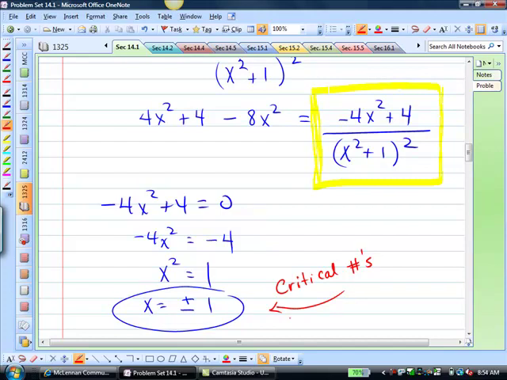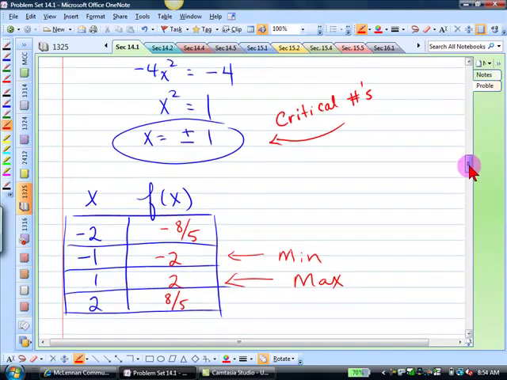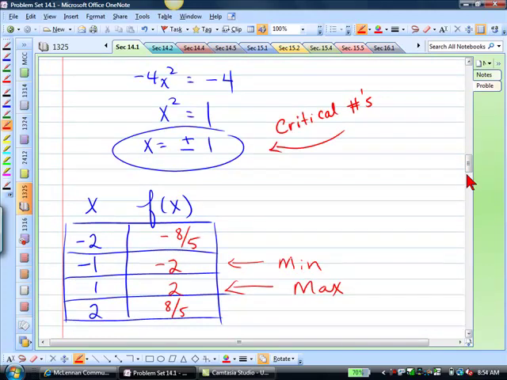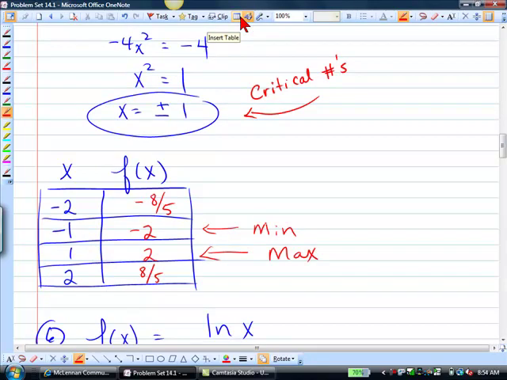Then you're going to do the same thing. You're going to make your chart. We have an interval. I think it was negative 2 and 2. So both of these fall within that interval. I don't know why that arrow is doing that. And you'll probably get a decimal, but be sure that you can change it to a fraction so that you can get the answer you need on MathLab.